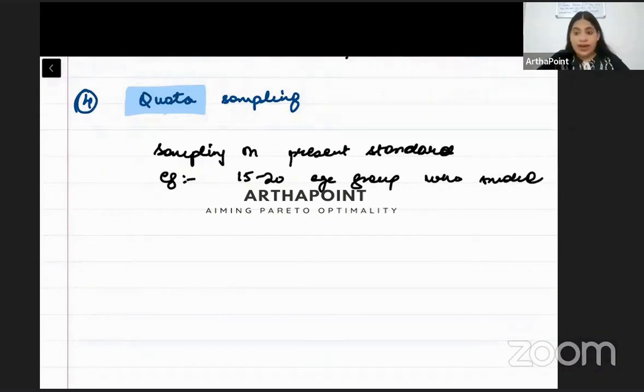Again, I am not doing randomization here. That is why it is non-probabilistic in nature. So I hope this is clear to you. This can come as MCQ questions very well, beta. You should be aware of probabilistic and non-probabilistic sampling methods. And within that, knowing all four methods is very important.